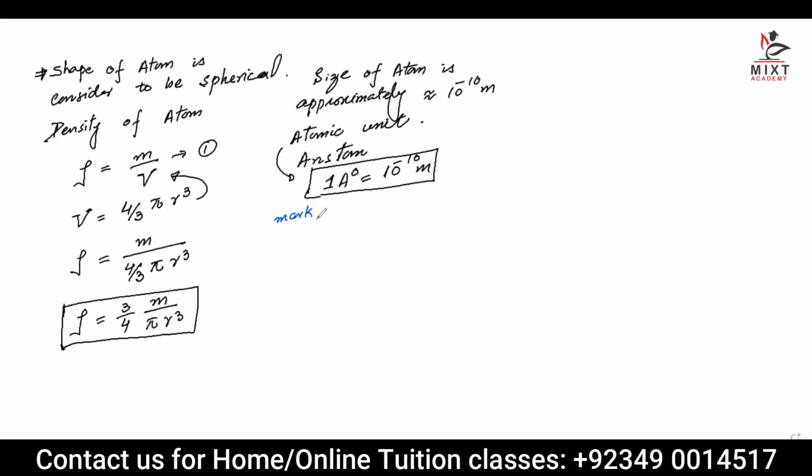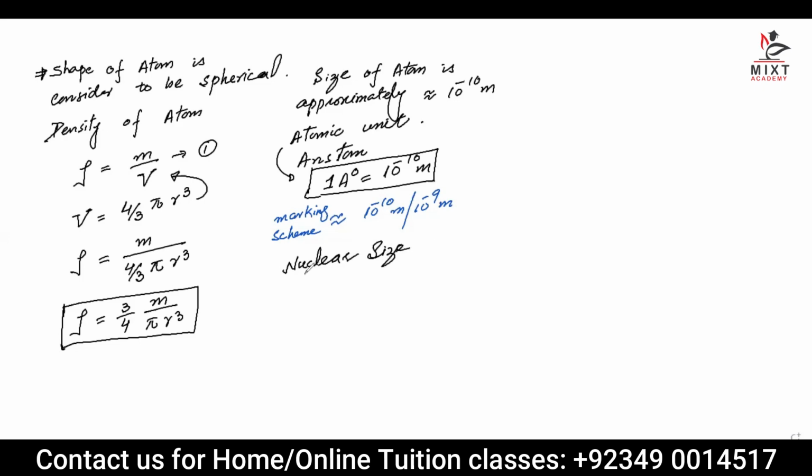In some marking schemes, they have written approximately 10 raised to power minus 10 meter or 10 raised to power minus 9 meter. In some marking schemes, not in every. Now the nuclei size.